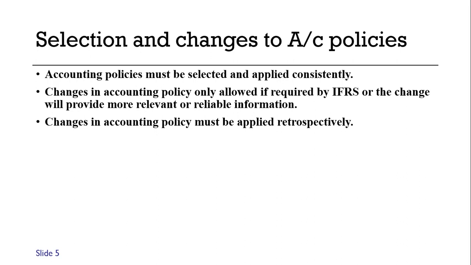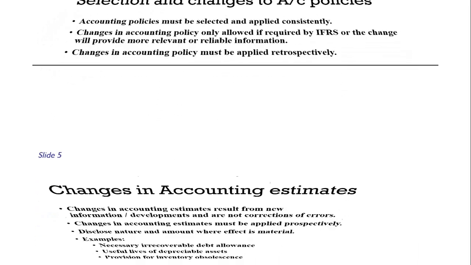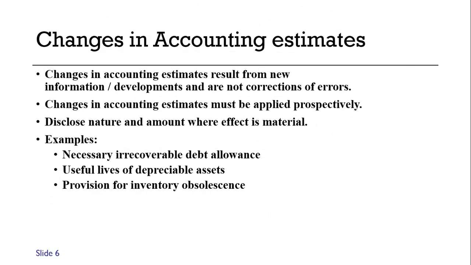Changes in accounting policy must be applied retrospectively. That means the change will affect current year figures as well as comparative figures. And of course, comparative figures refers to figures for the previous accounting period in this case.